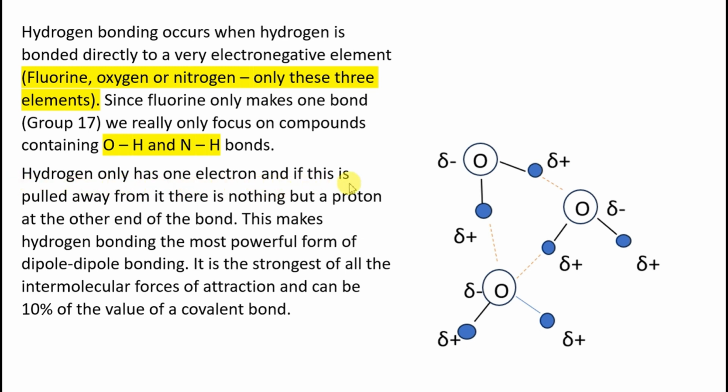Hydrogen only has one electron, and if this is pulled away from it, there's nothing but a proton at the other end of the bond. This makes hydrogen bonding the most powerful form of dipole-dipole bonding. It's the strongest of all the intermolecular forces of attraction and can be 10% of the value of a covalent bond.